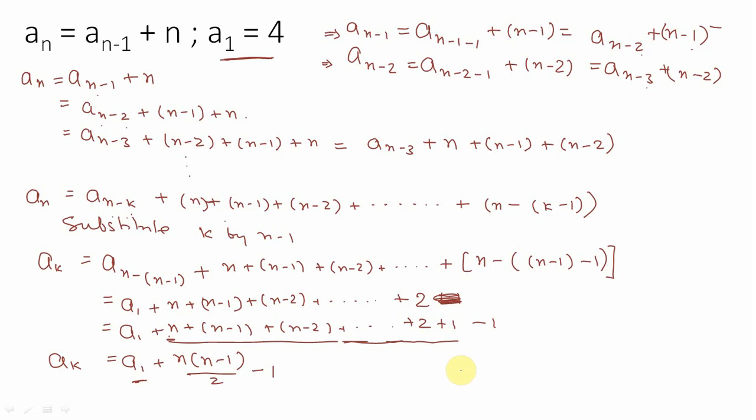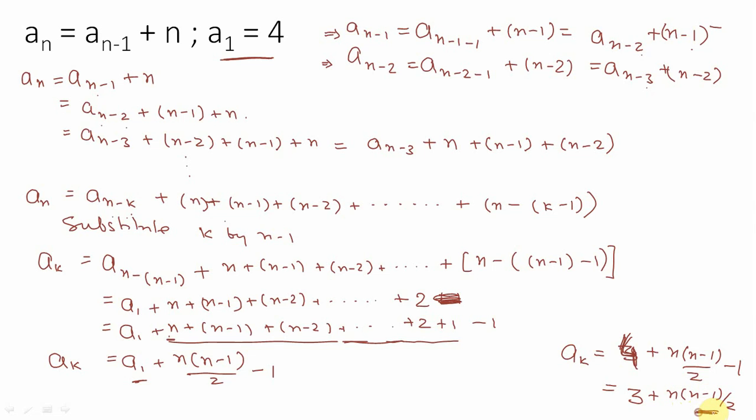Sorry, not 3, it has been given as 4. So 4 minus 1 is 3, so a_n is equal to 3 plus n into (n-1) divided by 2.